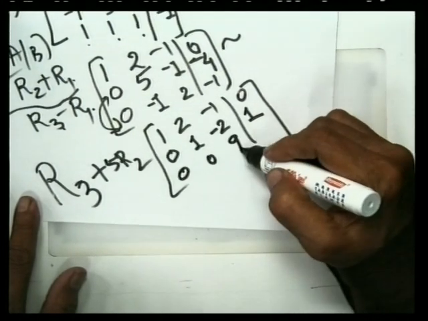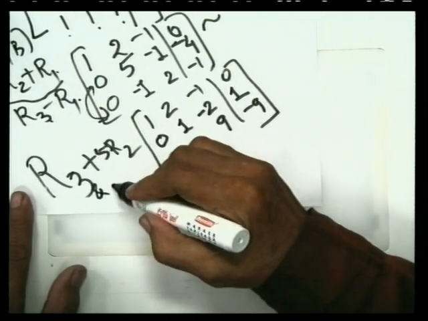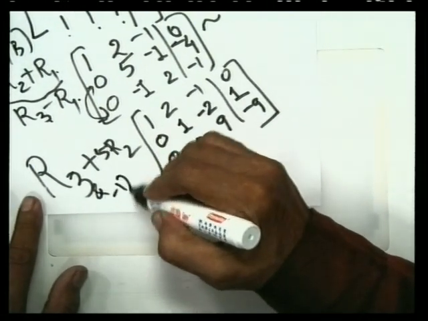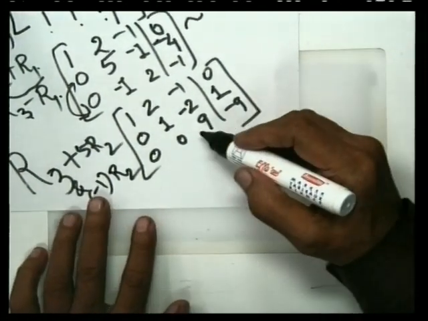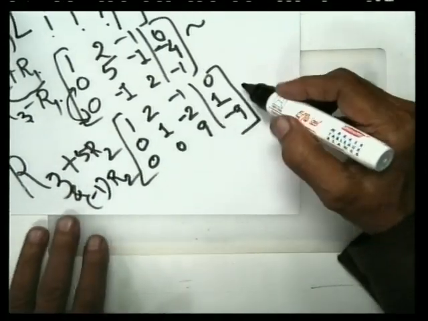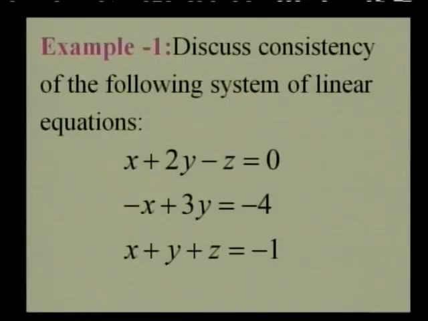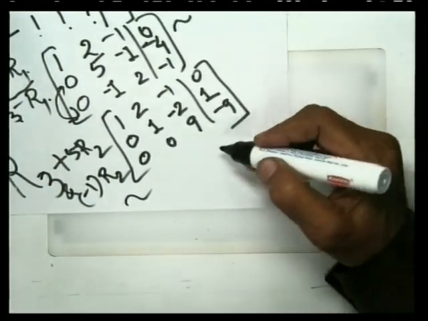0 0 9 minus 9. We operate at the same time, we divide second row by minus 1. So we got the second row as 0 1 minus 2 1, and now we divide third row by 9.